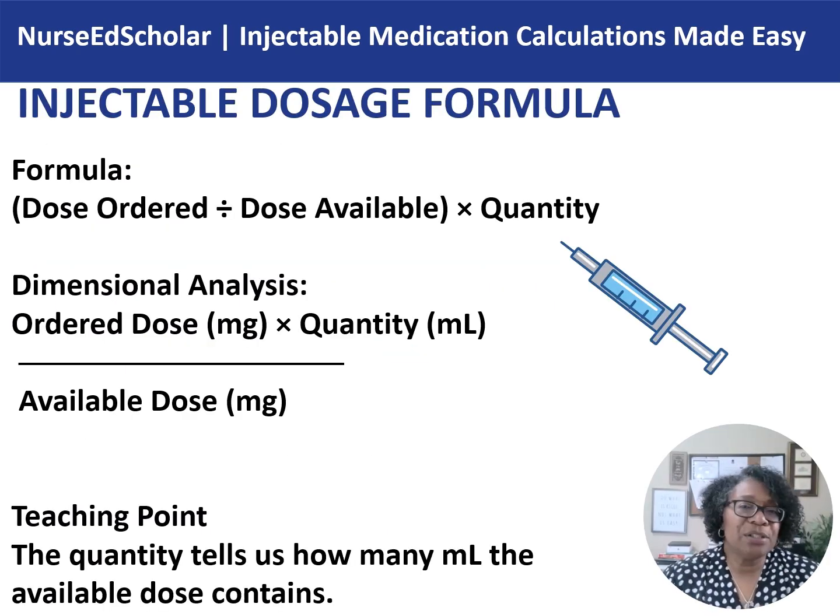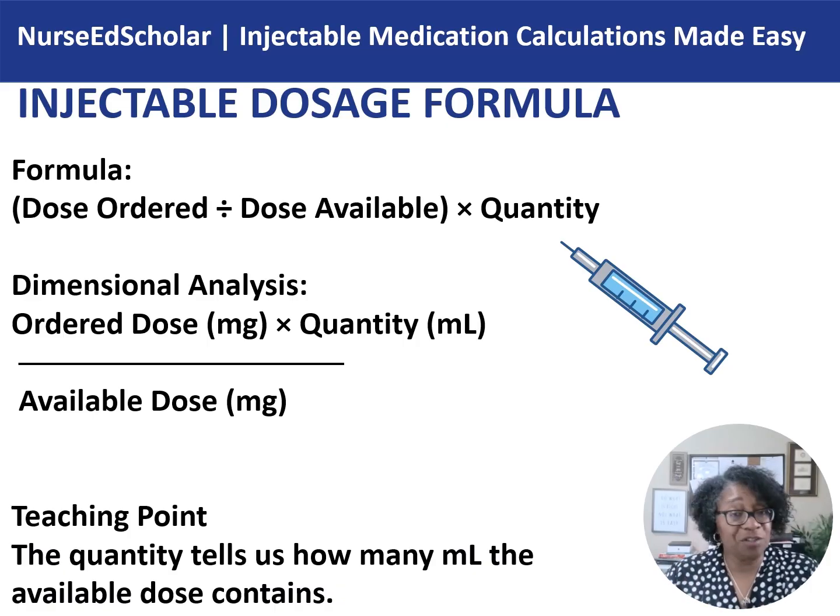When we're moving on to how we actually set up the calculation for an injectable medicine, we're still using the same foundation, which is good. You have the dose ordered divided by the dose available times the quantity.